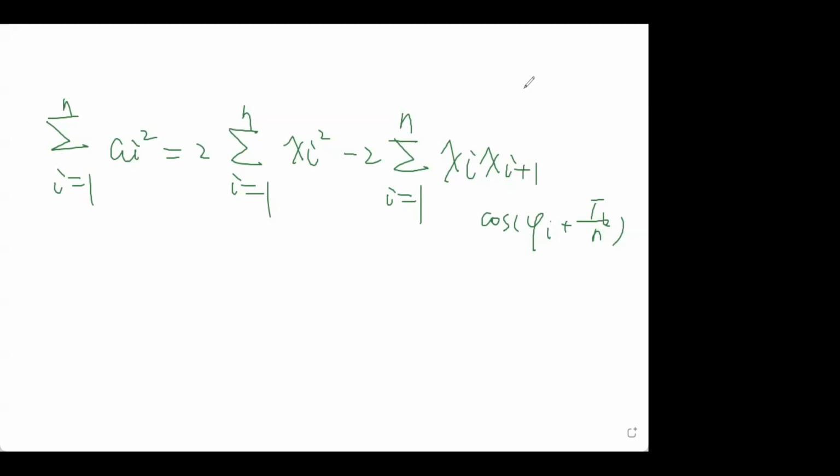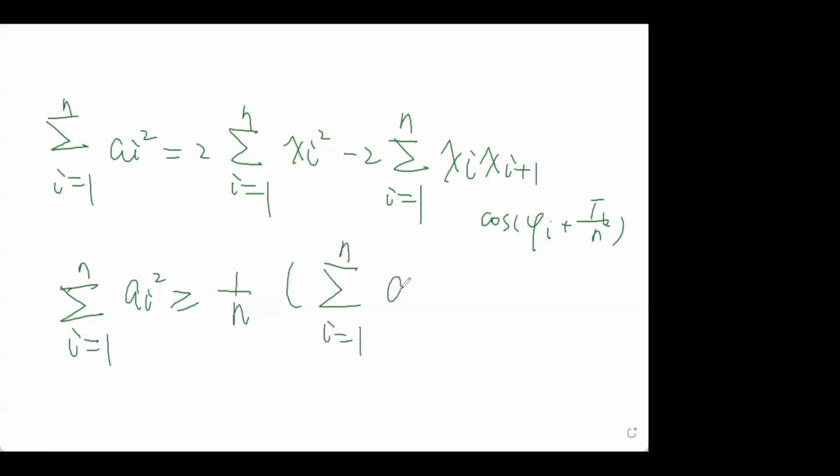In the next step, you need to use Cauchy and the theorems we've listed, and you could get that. Well, I'm not sure if I should write that. I think it might be better if you think it through, but finally we'll get something like this: the sum of the A_i squared is bigger than this one because of Cauchy.